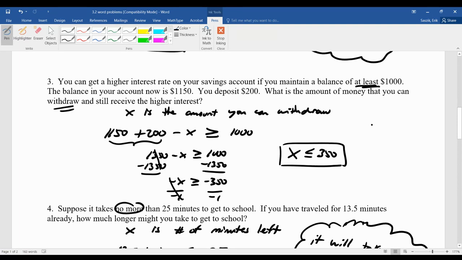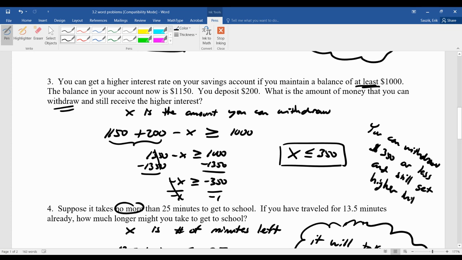So that means what? You can withdraw $350 or less and still get higher interest.